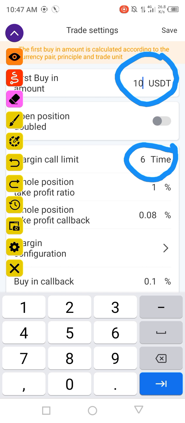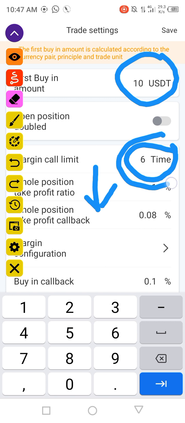So assuming that this coin is on a downward trend, going down continuously, and you set the margin call at 6 times, it will not call for purchase more than 6 times. Once you get to the 6th time, it will stop calling. It will close the margin call, and wait until the coin appreciates. It will sell off the coin, then enter into the market again, but also will not exceed 6 times.